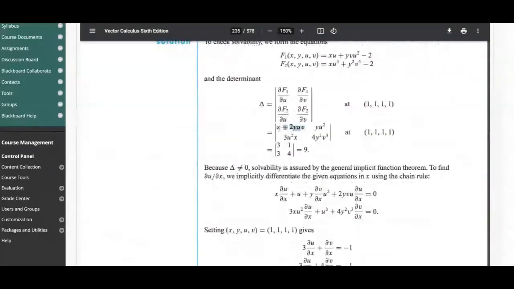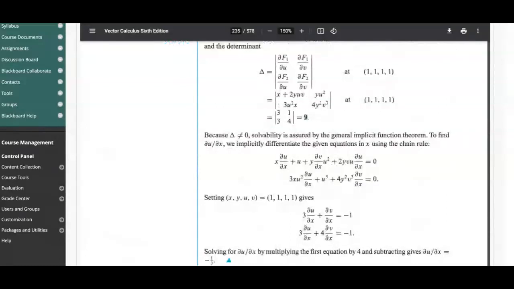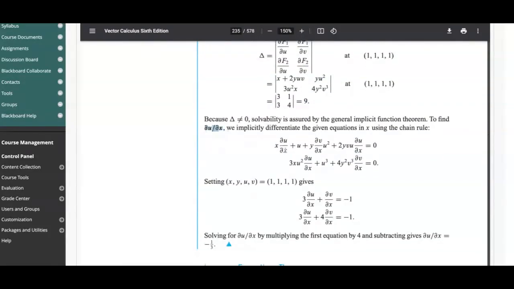Then we do that, so we get this 2 by 2 matrix. Then we want to evaluate at x, y, u, v equals 1, 1, 1, 1. So we get a determinant of 9. Because the determinant is not 0, we can solve the system of equations by using the implicit function theorem. So partial u, partial x, right?